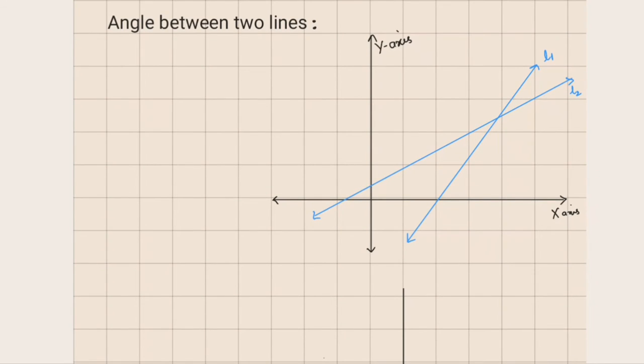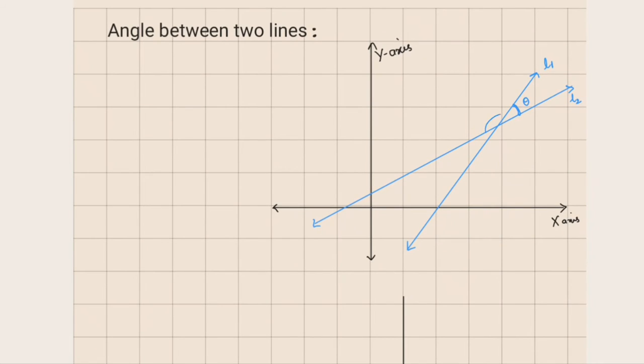There are two angles between these two lines. One is this, which is acute, some theta, and the other one is, let's say, phi, which is nothing but 180 minus theta, because these both are supplementary angles. So the angle between these two lines is either theta or phi. If one is acute, the other will be obtuse, because both are supplementary.